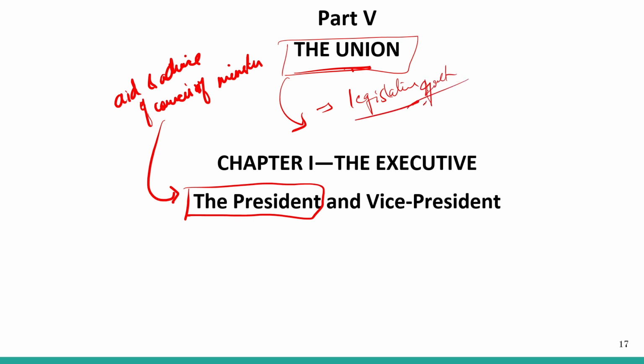What I would like to request you is that you go through the whole articles starting from Article 52 till Article 77, and see what exactly the information is that has been given. The point of this lecture was not actually to explain what has been mentioned, that is already there, but I wanted to explain how the questions will be put in front of you.